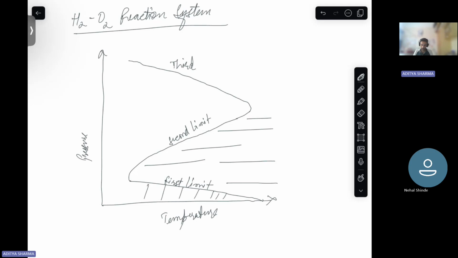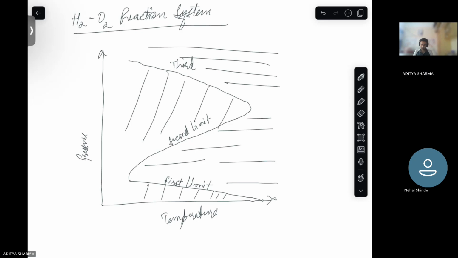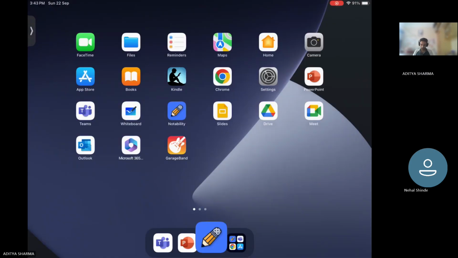Then for this case, again, there will be no explosion, and for this case, again, there will be explosion. So this is the graph that has been shown in your H2O2 reaction system. And what causes such behavior? For all the regions, a detailed discussion has been done under this topic, right?